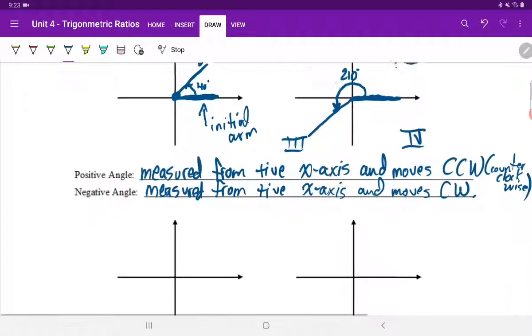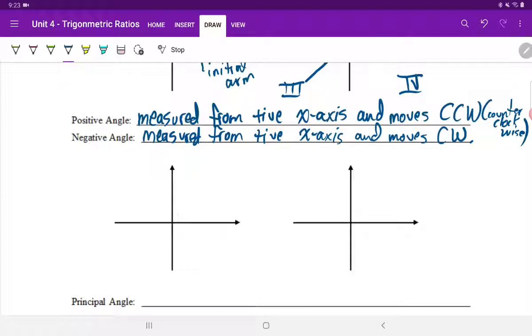So as an example, here is an example of a positive angle. So let's say something like this, starting from the positive x-axis or our initial arm. Let's say that this is something like 110 degrees. That's a positive angle. We're going counterclockwise. Now let's say we have negative 110 degrees.